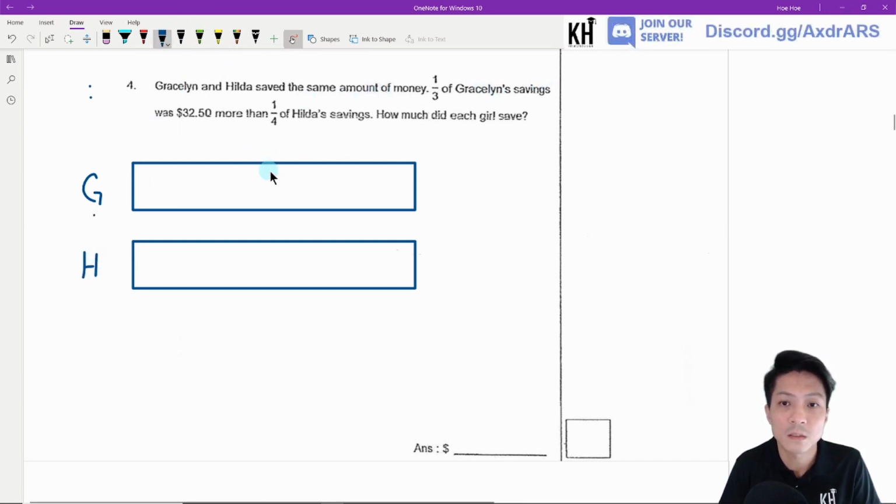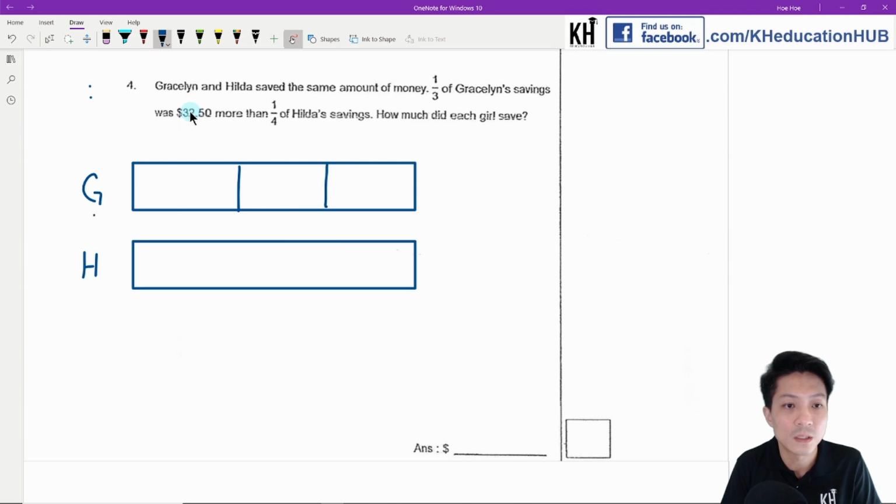So 1/3 of Gracelyn's savings, I'm going to cut it into 3 parts. It is $32.50 more than a quarter of Hilda's savings, so Hilda's savings I need to cut into 4 parts.